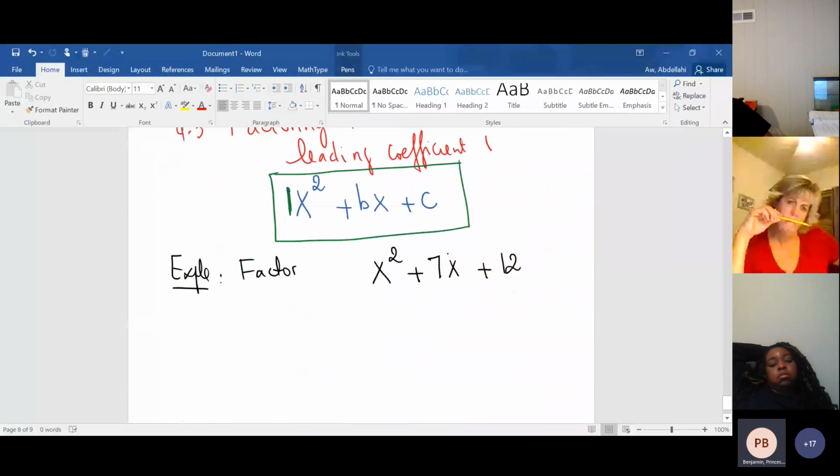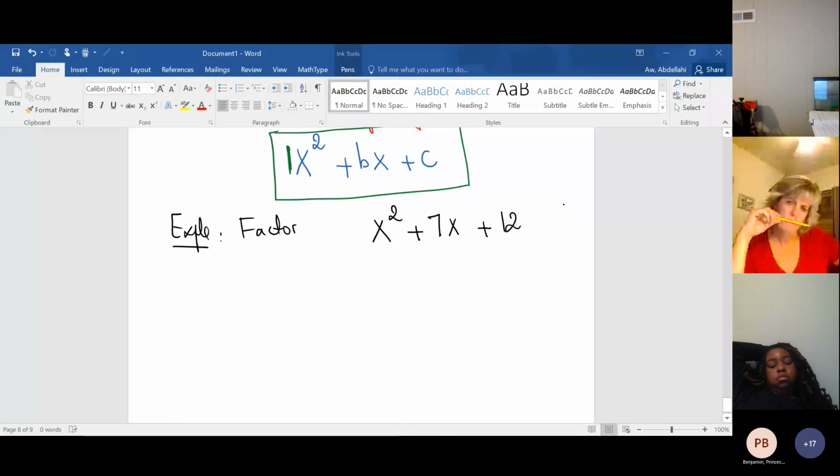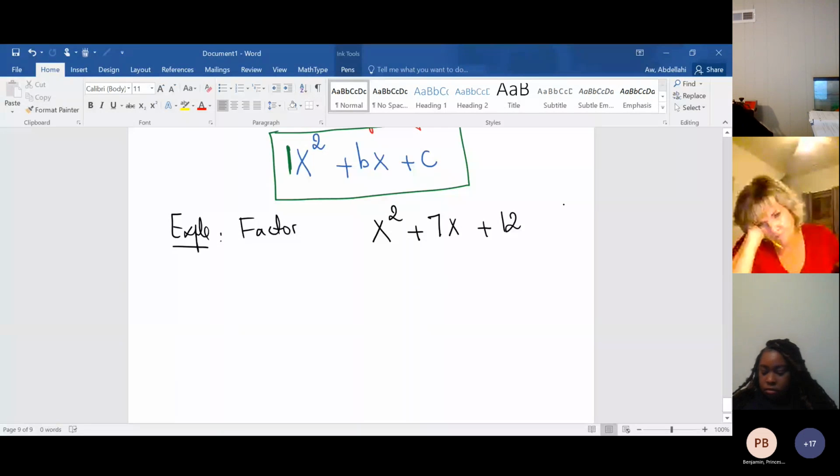Only 3. If I want to do grouping, I have to manage to have 4 terms. How am I going to do that? I'm going to break down the middle one into two terms.